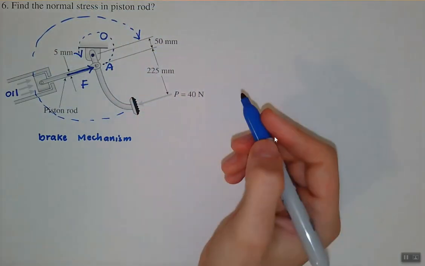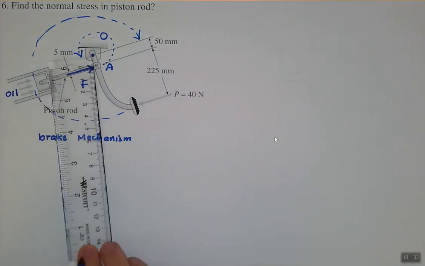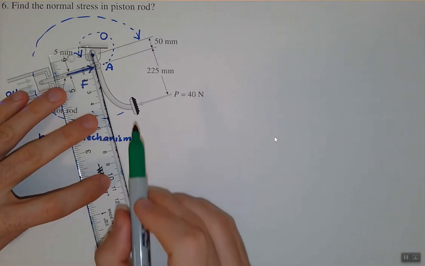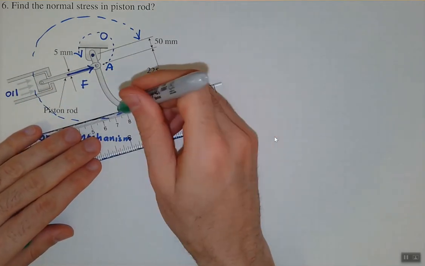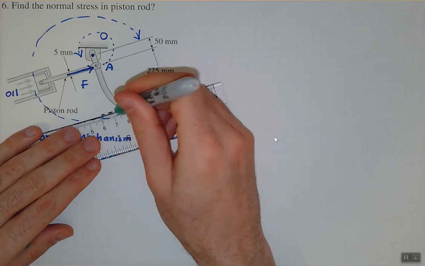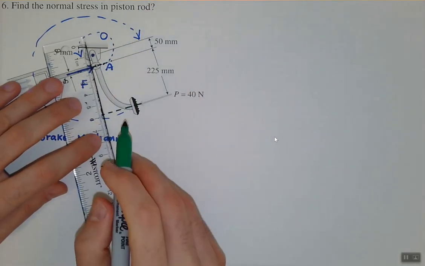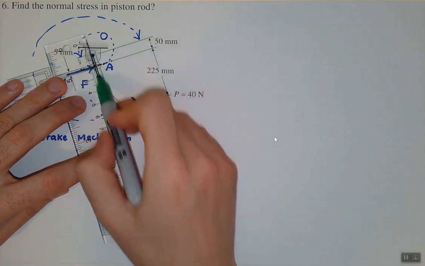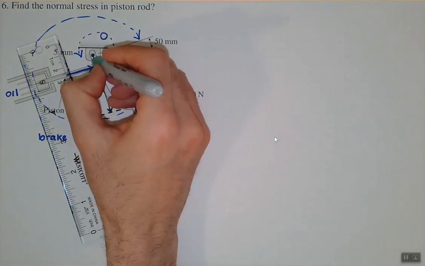And again, because we are in static, everything has to be balanced, so we can simply say that these two moments, or these two torques, have to be equal. So if I draw the line of action for these two loads, this is for the first one and this is for load F, and this is point O. From point O, I can notice all the distances that I want.